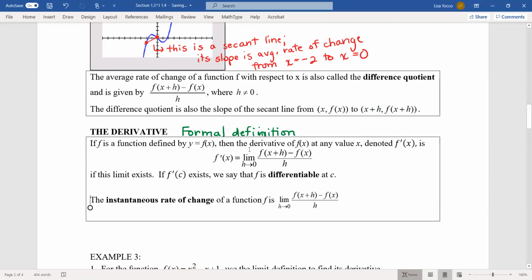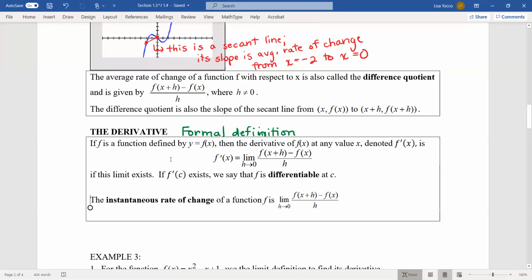That the derivative of a function is found by computing that difference quotient and then computing the limit of that difference quotient as h approaches 0. And like you may remember me saying, that's why we start with limits, because a derivative is defined in terms of a limit. All right.